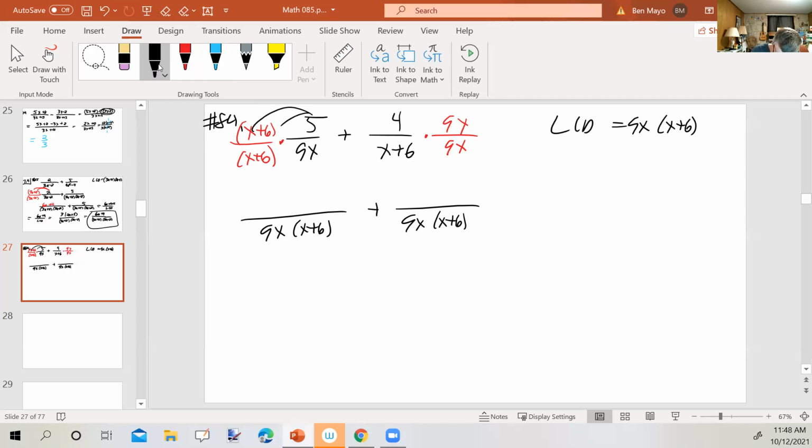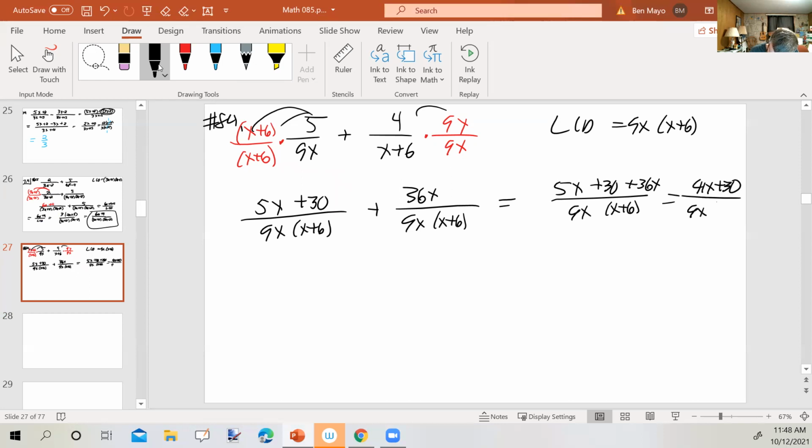So my new numerator of the first fraction is 5x plus 30, and the second is 36x. So now I've got 5x plus 30 plus 36x over 9x times (x plus 6), which is 41x plus 30 over 9x times (x plus 6).